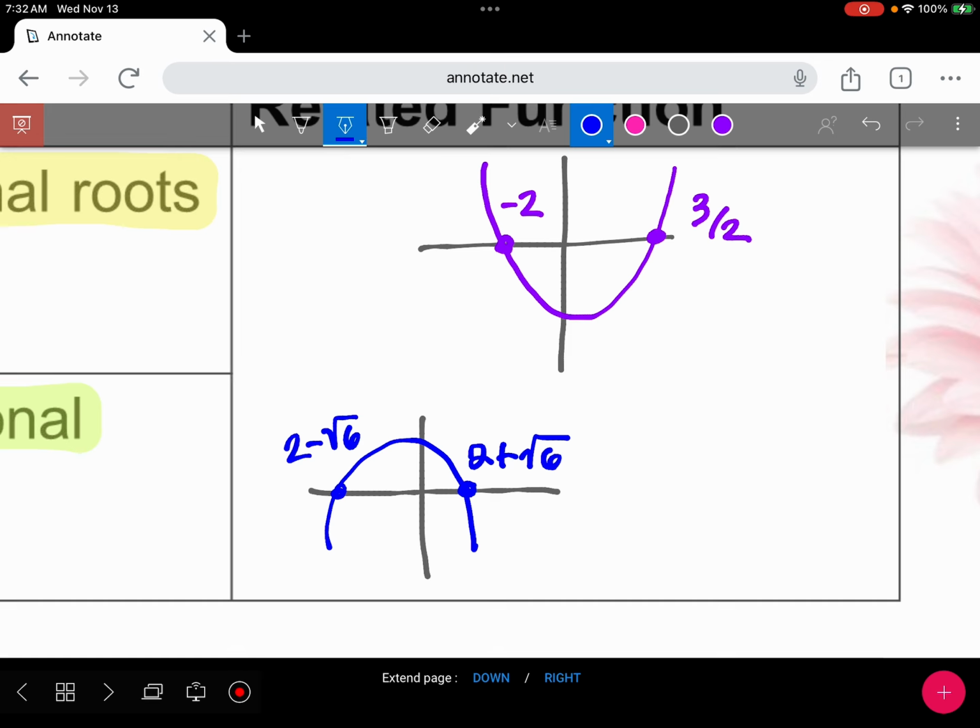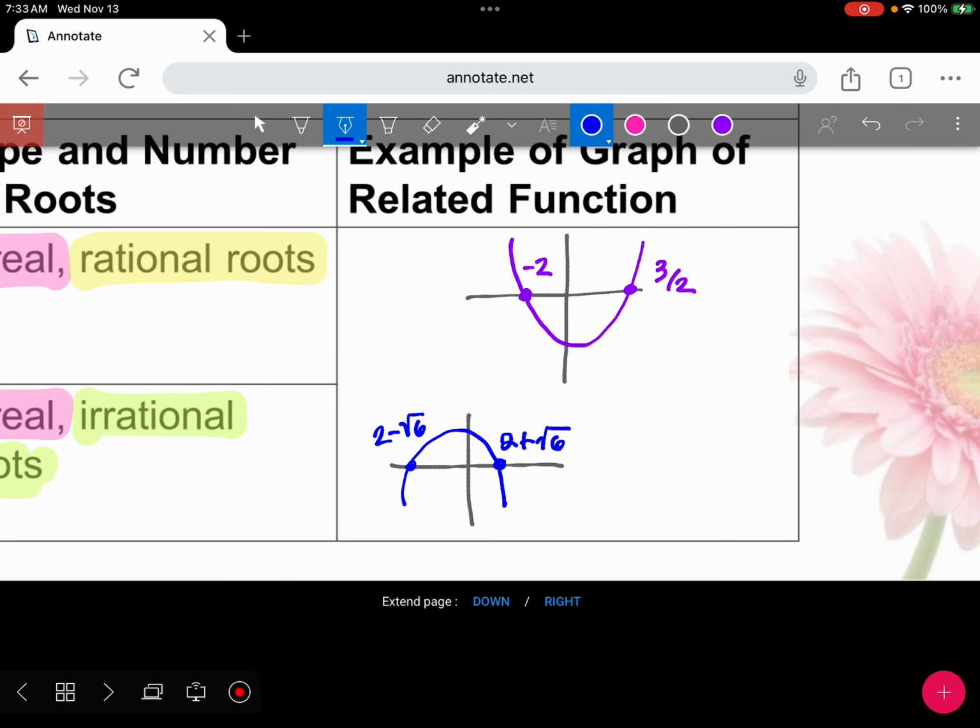They're real. I can point to them. I have 2 solutions. I've got one here, one there. I have 2 real roots. So the 2 real roots is the most important part there. So if our discriminant is positive, we have 2 real roots. They might be rational, they might be irrational, but we have 2 real roots.